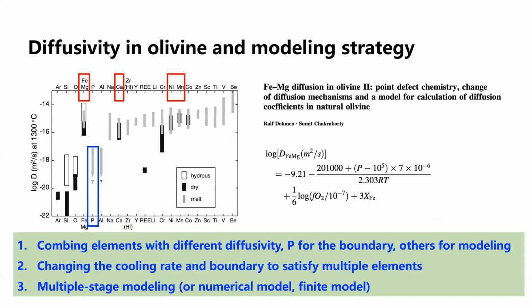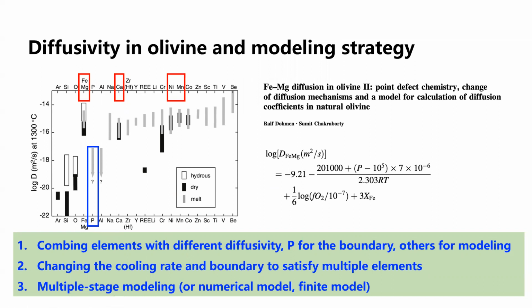I'm not going into too much detail for the modeling. I just want to show the strategy. Mainly, we use different elements because they have different diffusivity, and also use phosphorus to define the boundary condition for different stages of the olivine. Because different stages of olivine have different conditions, they will have diffusion.